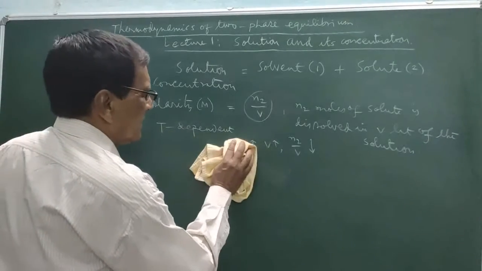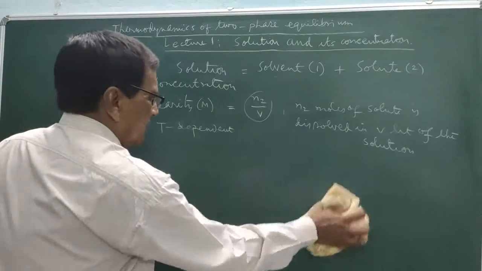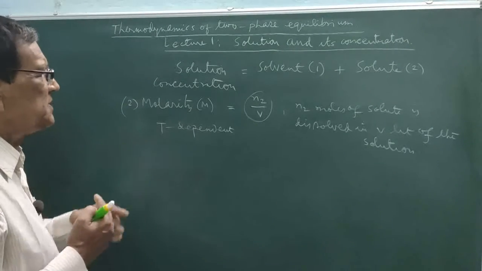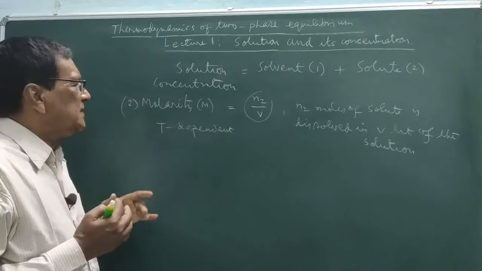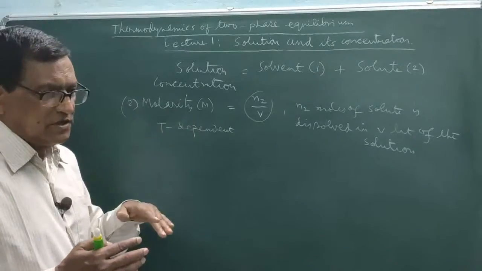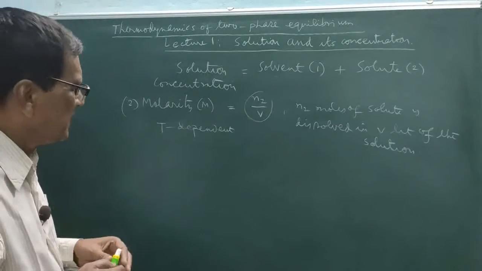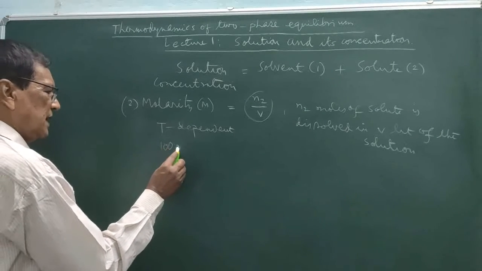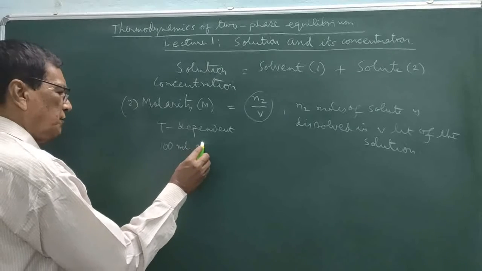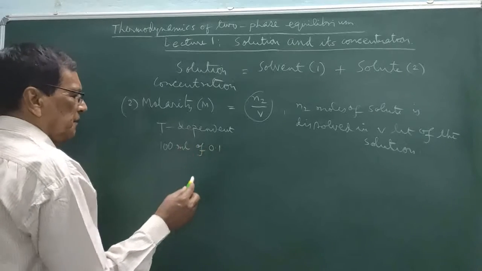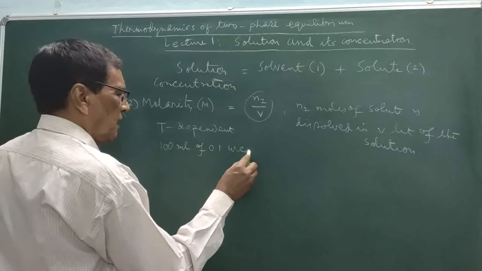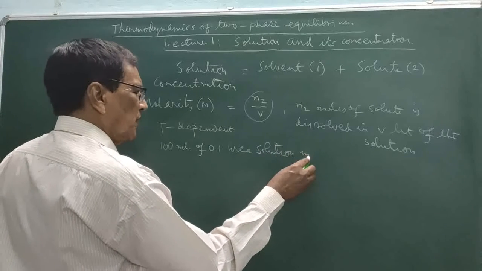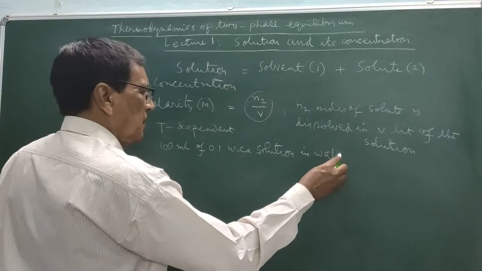Though it is temperature dependent, it is widely used for laboratory purposes due to the simplicity and ease with which this molarity solution could be prepared. Say if we like to prepare 100 ml of 0.1 molar urea solution in water, it is very simple to prepare.